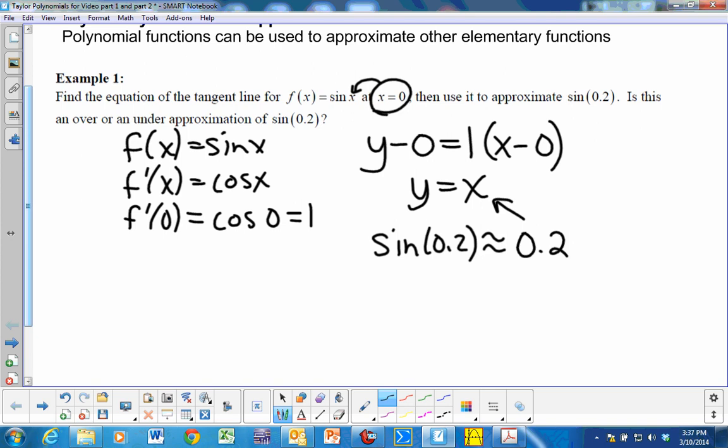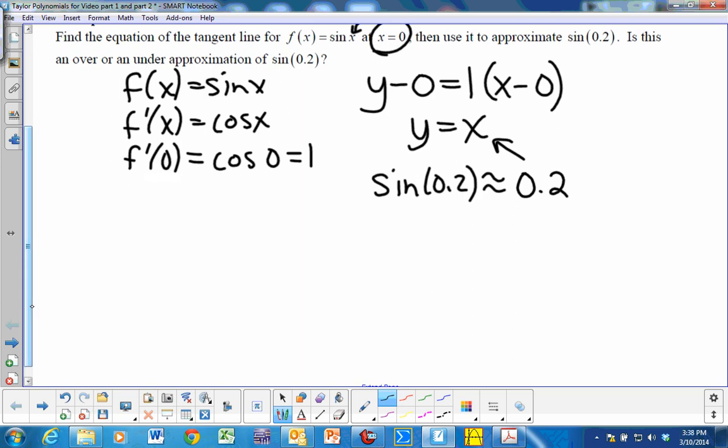And then we want to know if it's an under or over approximation. So here's what we're going to do to look at that. We're going to think about what the graphs look like to decide whether this is an over approximation or under the real value. If we were to draw the sine graph, just a little bit of it, and then draw the line y equals x, well, my sine graph is really bad here.